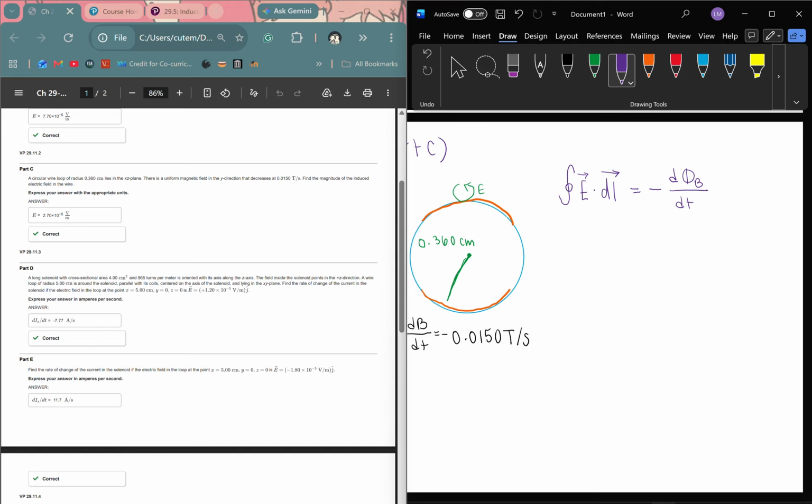Since the electric field has the same magnitude everywhere on the path, the integral basically means the electric field is multiplied by the circumference of the circle. Let me explain.